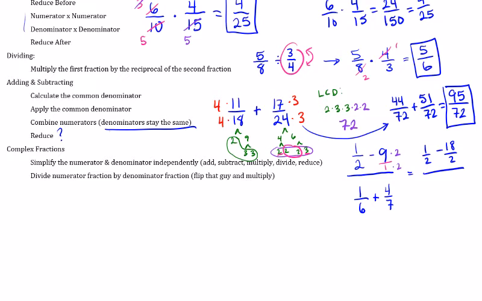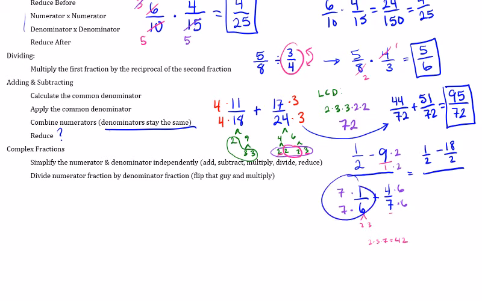Then on the bottom, I want to do the same thing. I want to find a common denominator between these two. Here, 6 is 2 times 3, and 7 is prime. So I need 2, 3, and 7, that whole combination. 2 times 3 times 7 is 42, so I'm going to need 42. I would multiply this by 7 on top and bottom, and then I would multiply this by 6.